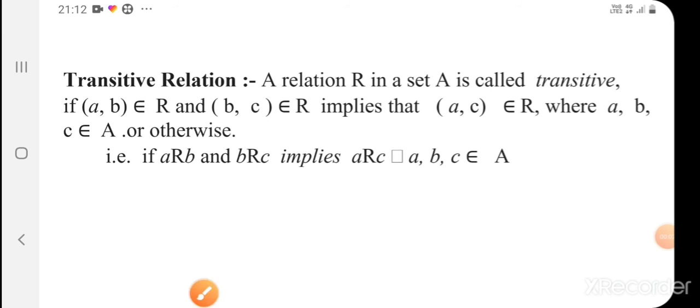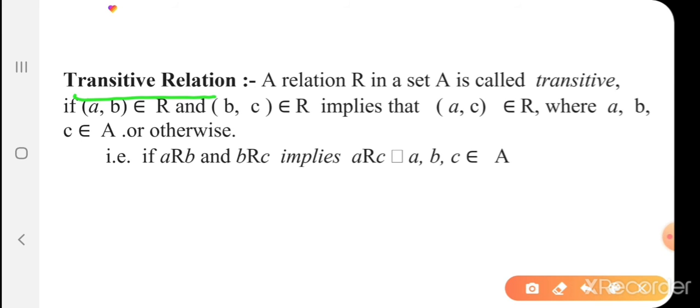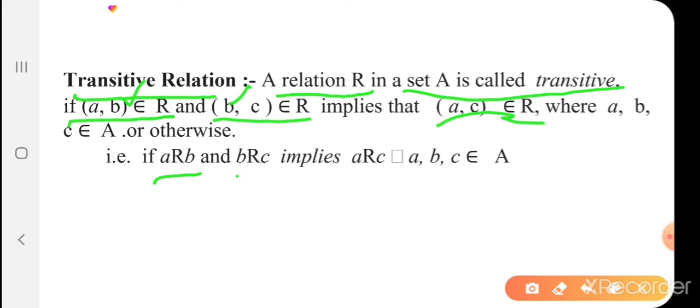A transitive relation. A relation R in set A is called transitive if (a, b) belongs to R and (b, c) belongs to R implies (a, c) belongs to R. So you see here, the second element of the first ordered pair and the first element of the second ordered pair are equal, then you have to show the (a, c) ordered pair belongs to R, where a, b, c belong to A. Otherwise, this can be written in another way: a is related with b, b is related with c, then a is related with c.